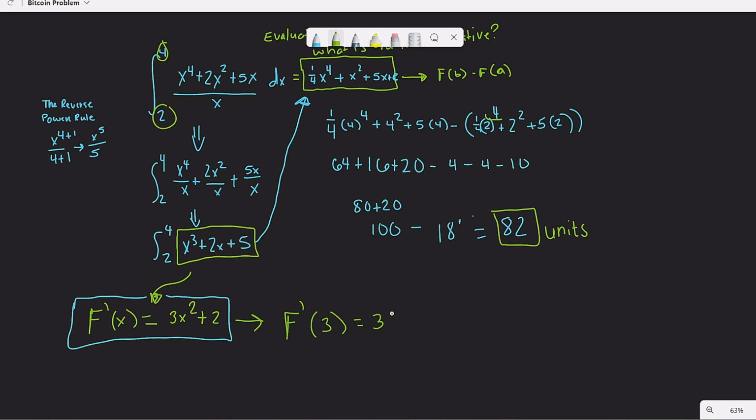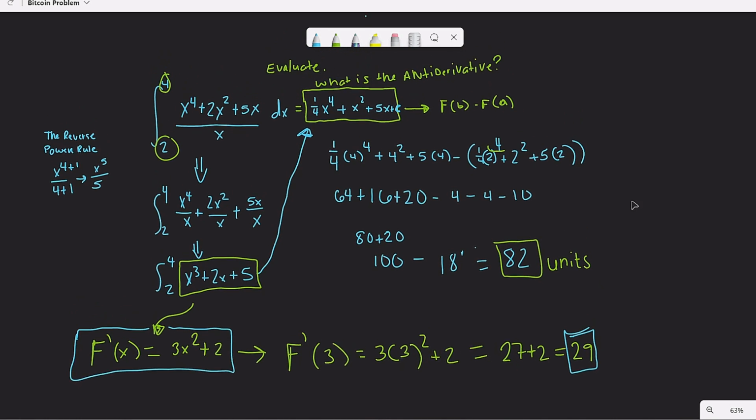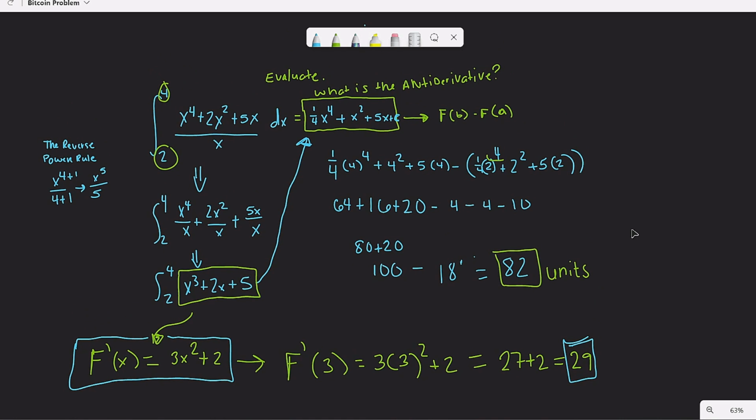It equals 3 times 3 squared plus 2, and that equals 3 squared is 9, times 3 is 27, plus 2 equals 29. So 29 is our answer.